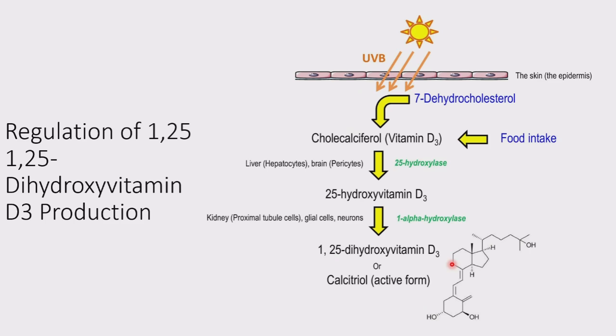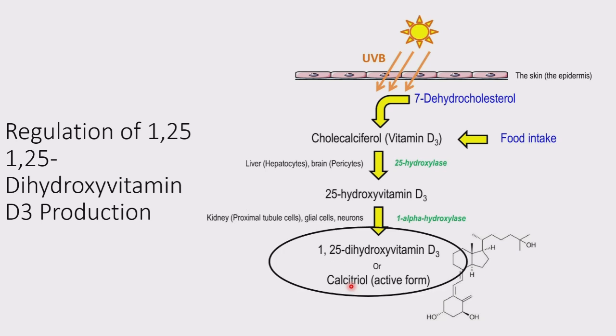Next function is that our kidney also produces calcitriol, which is important for the normal calcium deposition in our bones and increases calcium reabsorption in our GI tract. It basically regulates the production of vitamin D or calcitriol.